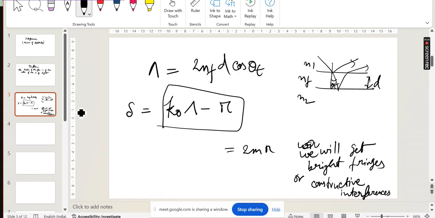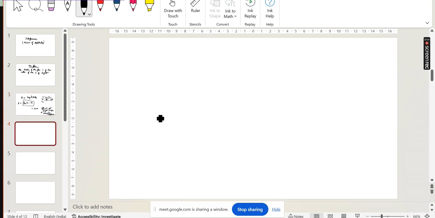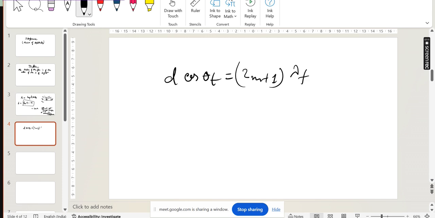This gives you the formula 2 nf d cos theta t equal to (2n plus 1) lambda naught by 2, where lambda f is equal to lambda naught by nf basically.